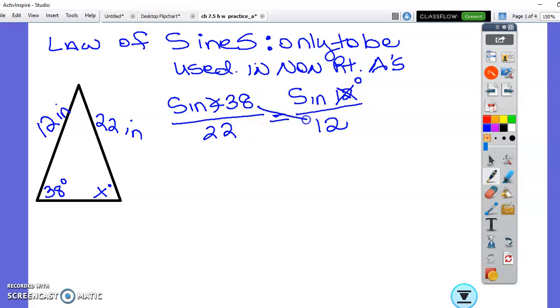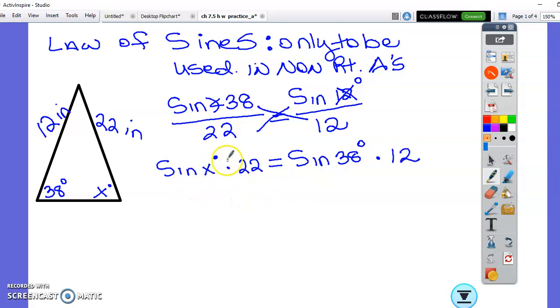And so we do crisscross applesauce, and we get sine of an x degree angle times 22 equals the sine of a 38 degree angle times 12. Well, we want to get this part all by itself, so we have to undo multiplication, and we use division to do that.